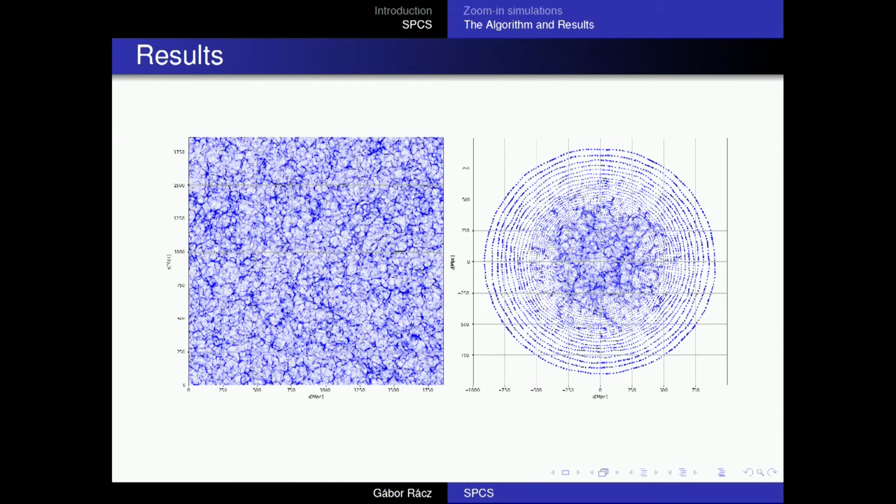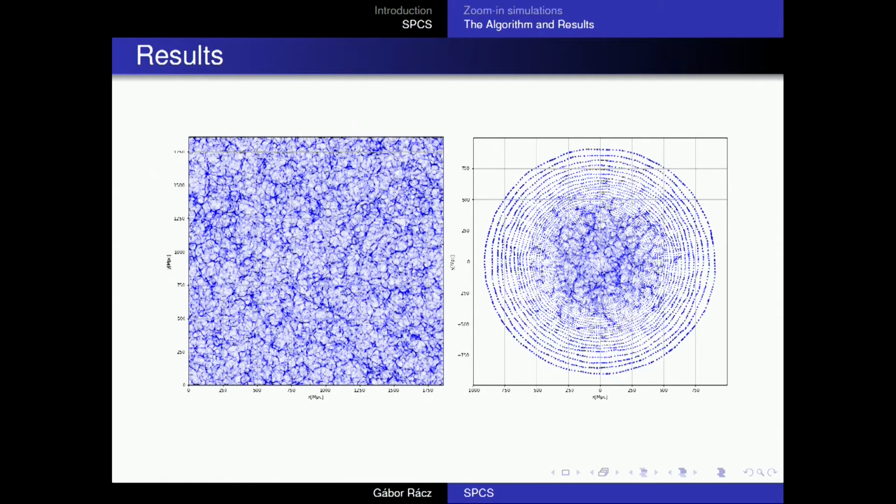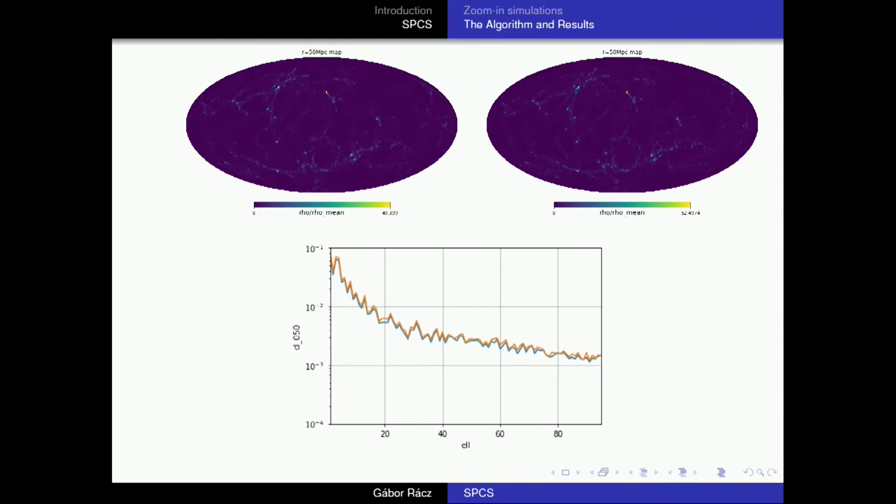So it pretty clearly works, and these are nice pictures, but we want to compare these. So this is a map of a shell from these simulations. This is from a periodic simulation, and this is from our spherical simulation, and this is a spherical power spectrum.